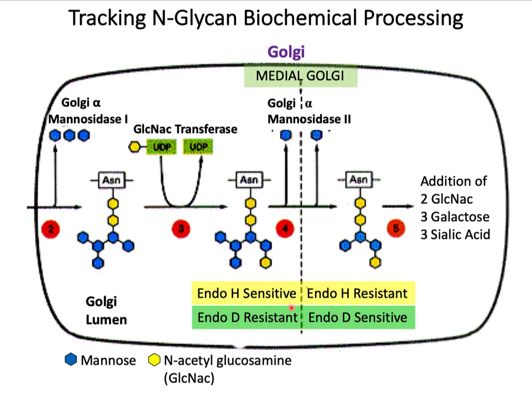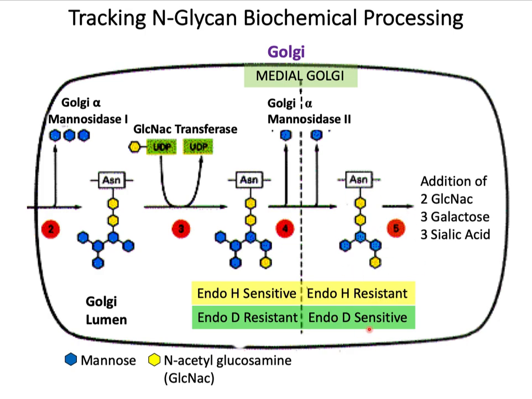So in the case of endoglycosidase H, or endo-H, these prematurely processed secretory proteins are endo-H sensitive until they cross this point in the medial Golgi, and then they become resistant to the action of endoglycosidase H.